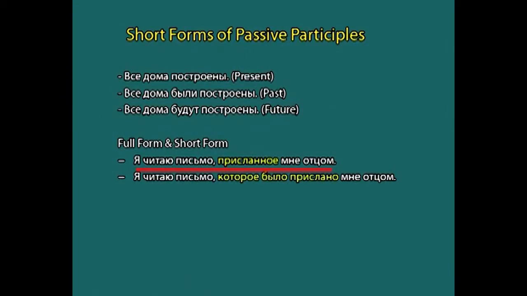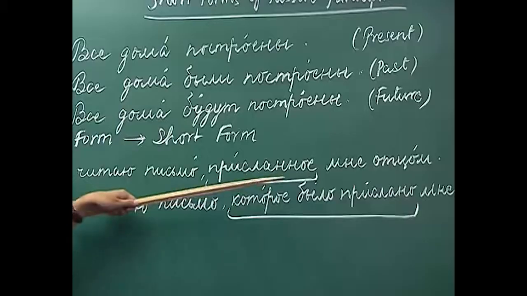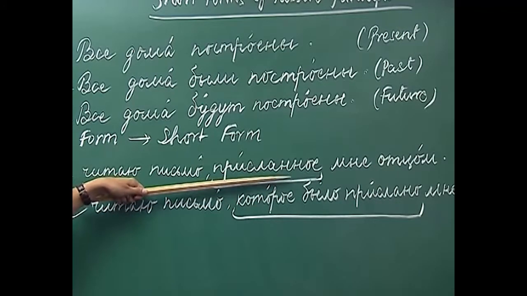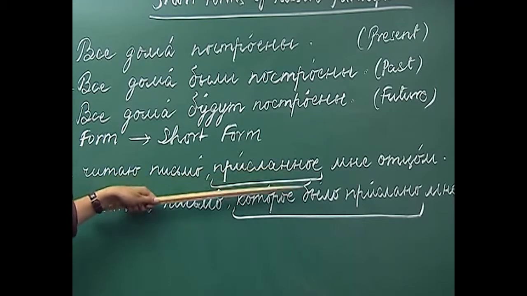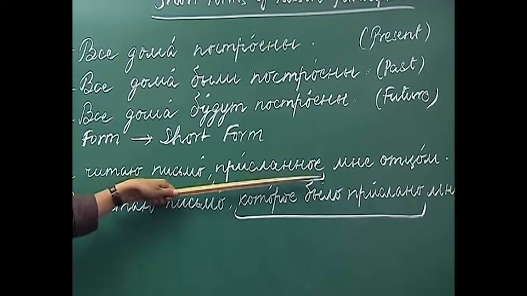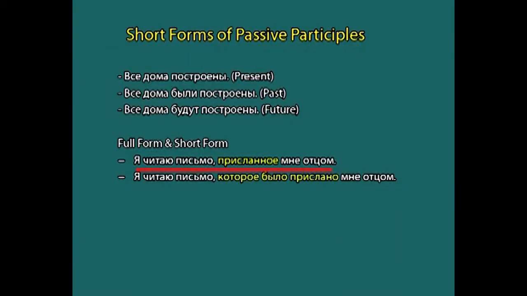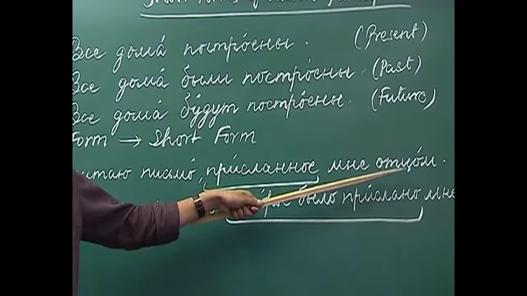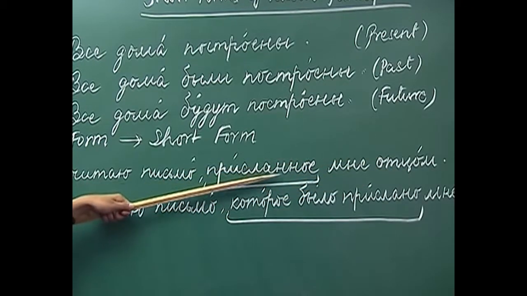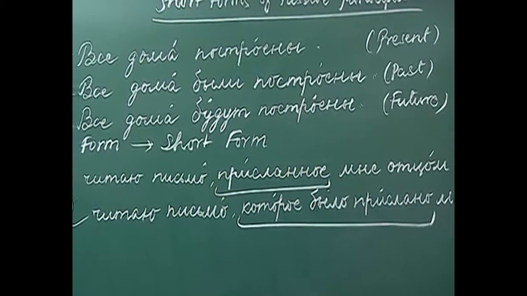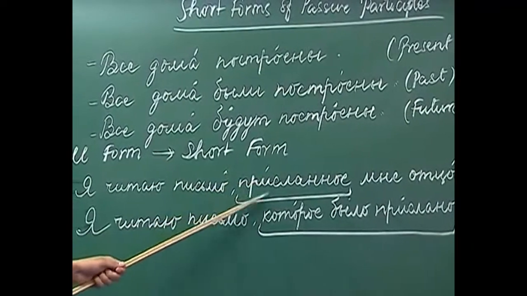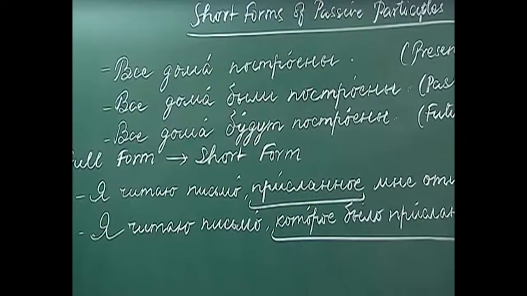Ya chitayu pismo prislanna munya atsom. So, here as you can see we have used the full form of the past participle passive prislanne. So, I am reading the letter which was sent to me by my father. So, here we are using the full form. So, now if you have to replace the full form with the short form, how do you do that?